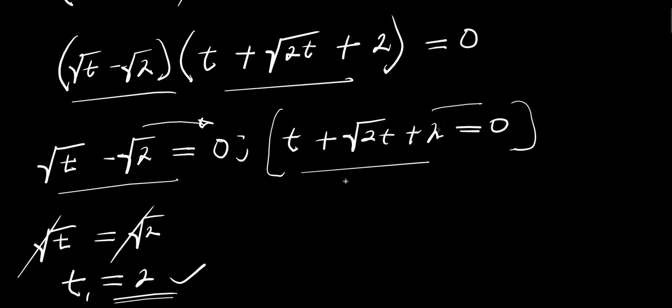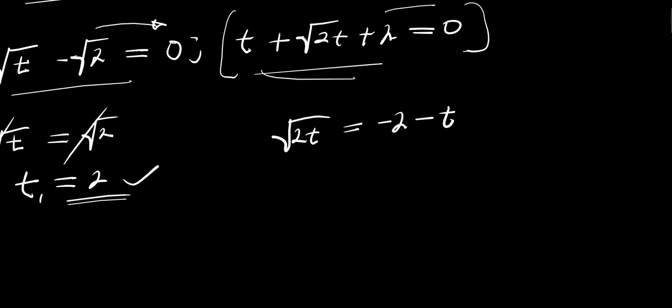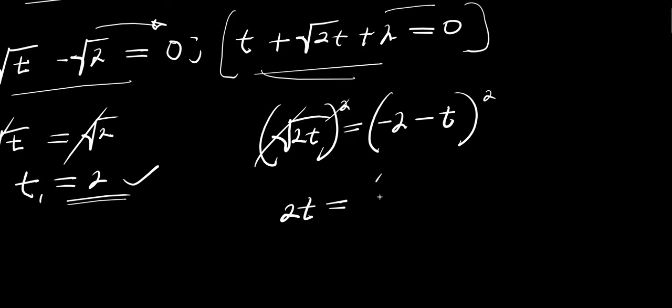To solve this one here, I need to move these 2 and the t across this equality sign. So we'll be left with square root of 2t equals negative 2 minus t. So taking the square of this equation, this eliminates this, 2t equals negative 2 minus t times negative 2 minus t.